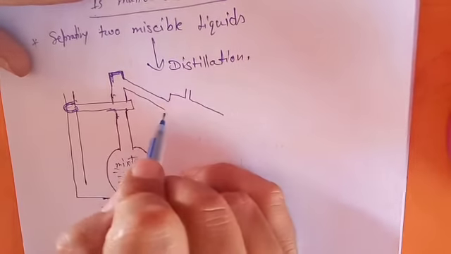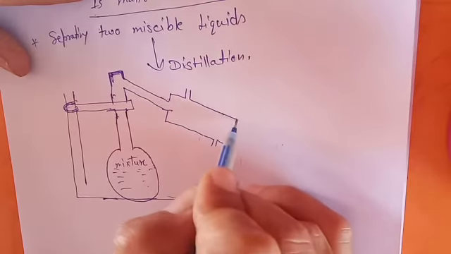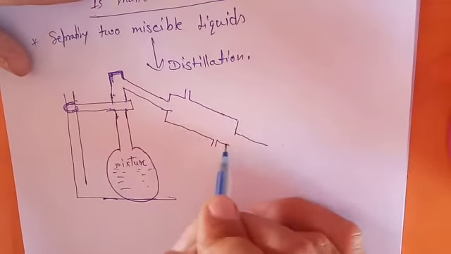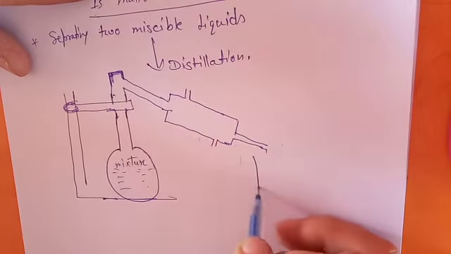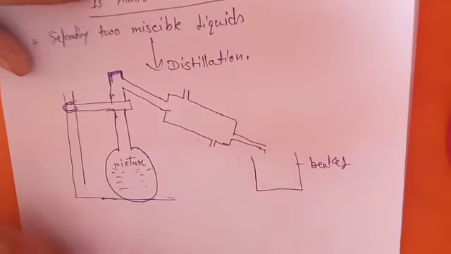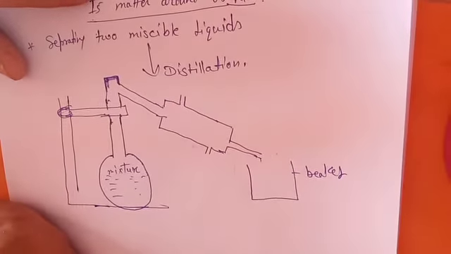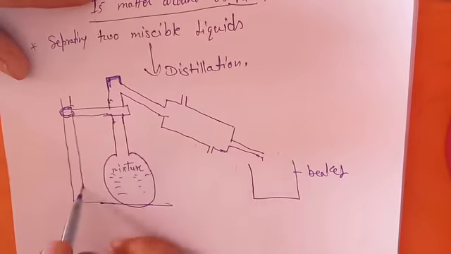We need a condenser over here. I will tell you the purpose of this condenser as well. Then here we need a beaker. Now what is happening? Let's see it.